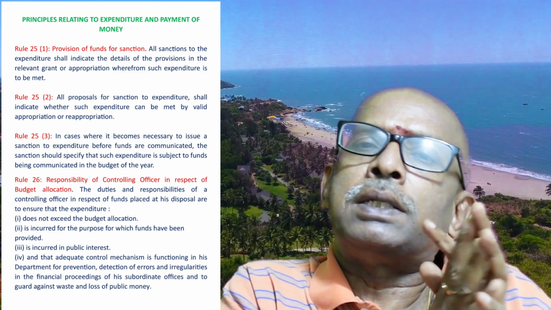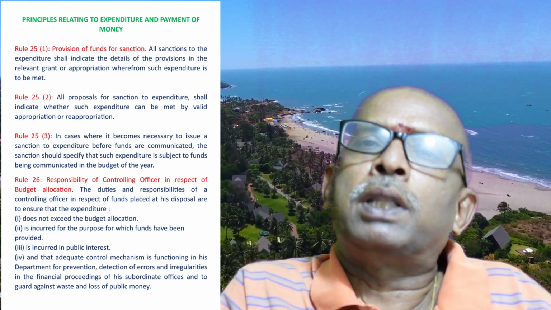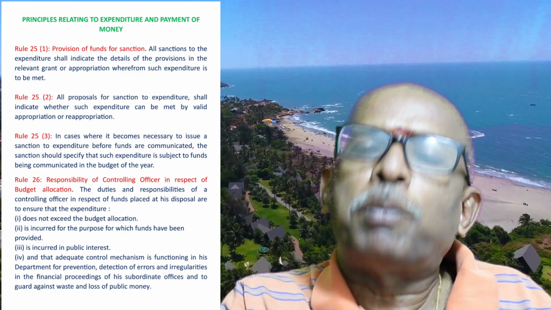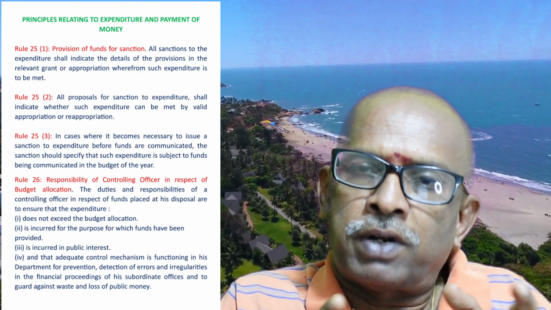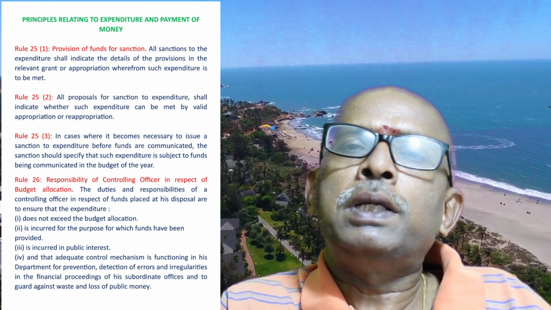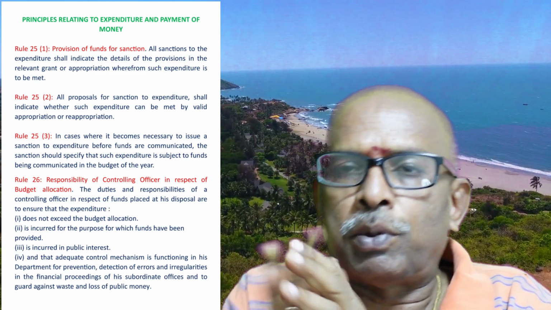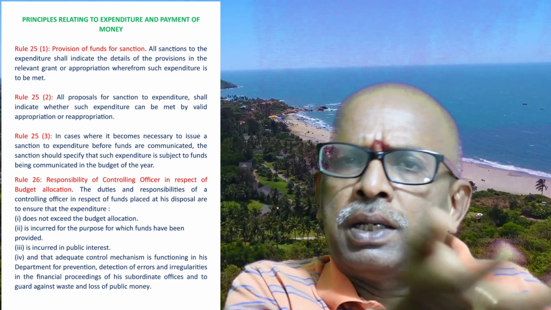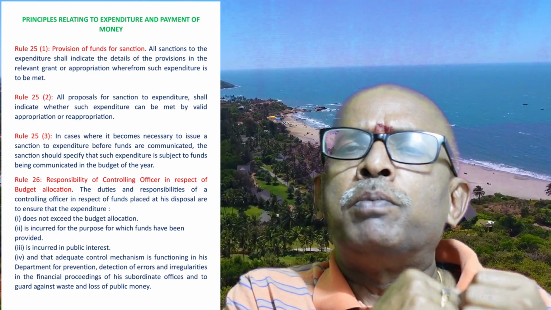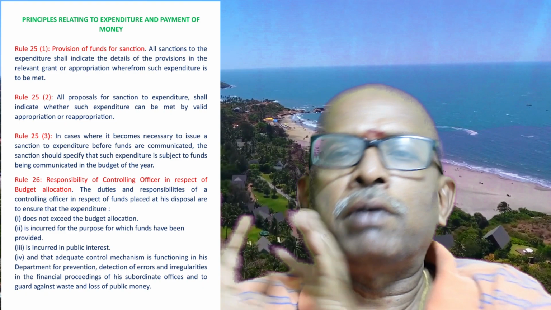When there is emergency, there is no budget provision, but we have to spend to safeguard that is in public interest, to safeguard the public or something, then government can release from the contingency fund, which will be recouped later on. So that is second part. Third part is public money, that is you release the GPF money to the person concerned, so you have to draw the money. So for that fund availability will be there.